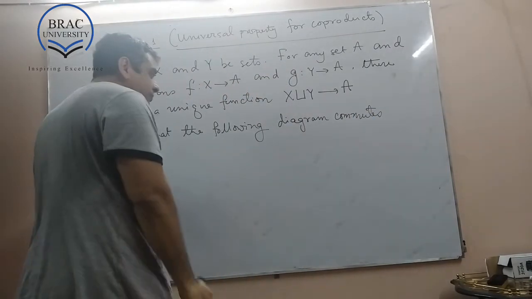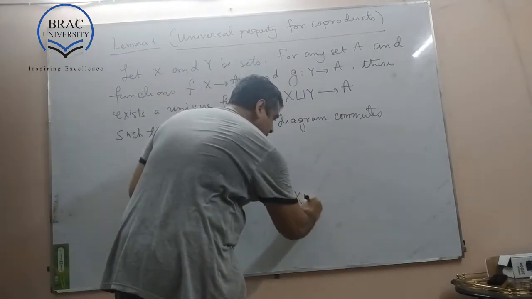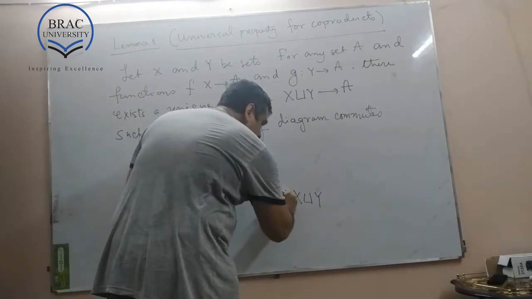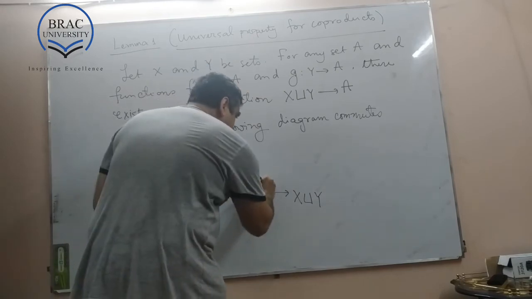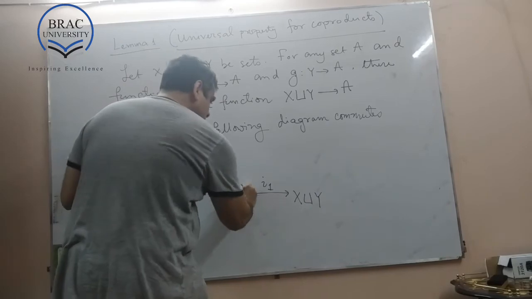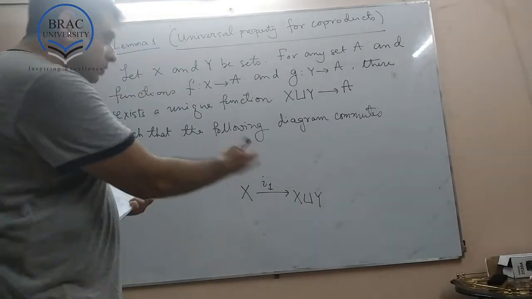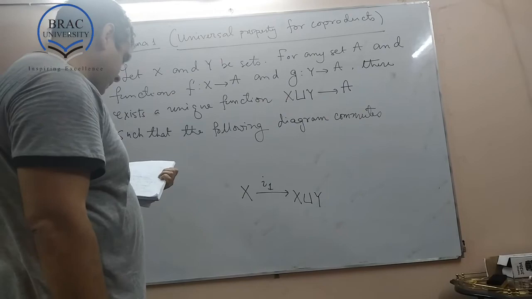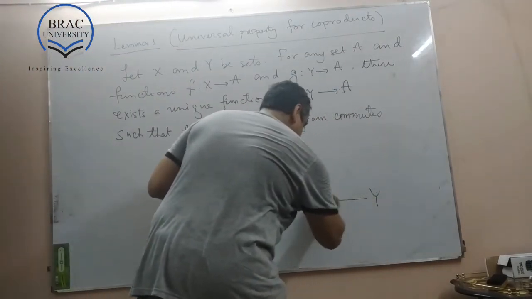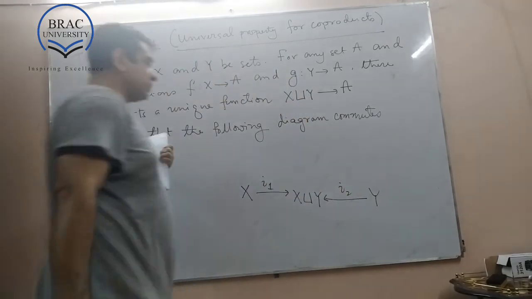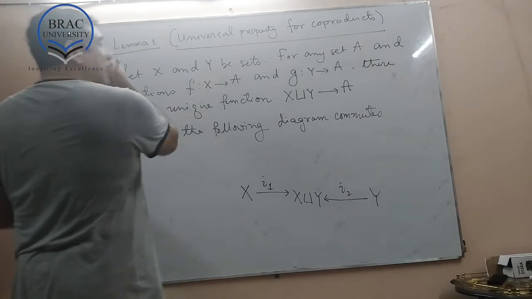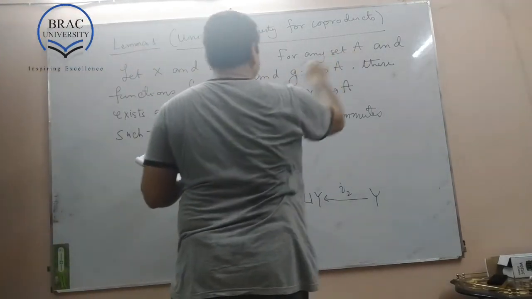Okay, what is that diagram? So this is the disjoint union of these two sets X and Y, and we have this inclusion that we already discussed earlier, I1 of X into the disjoint union of X and Y, and the inclusion of Y into the disjoint union, which we denoted by I2. Okay, and we have this set A and these two functions.